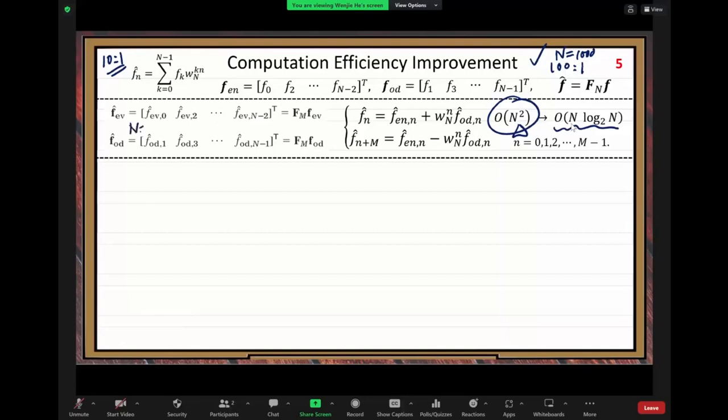When capital N equals 1 million, which is very large, the response time ratio is 50,000 to 1. That is a big improvement. If we can prove the improvement is like this, then we can derive that impressive ratio.